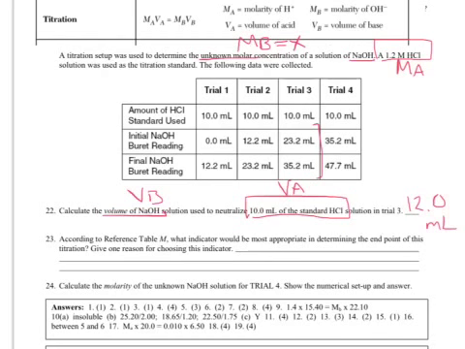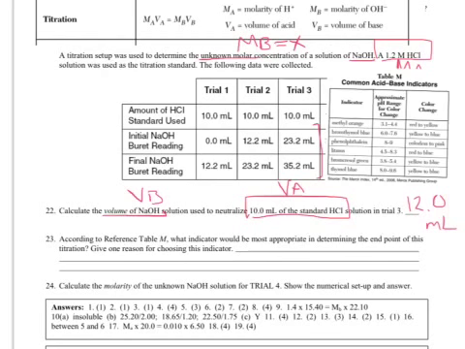The next question asks us to refer to reference table M. Let's have a look. So here on reference table M, we're asked to pick an indicator. Interestingly, in the problem, we're not given any pH values, but we know that when we combine an acid and a base, we're going to make water. And water has a pH of 7. So basically, what we're looking for is an indicator that would have a different color before 7 as it did after 7.